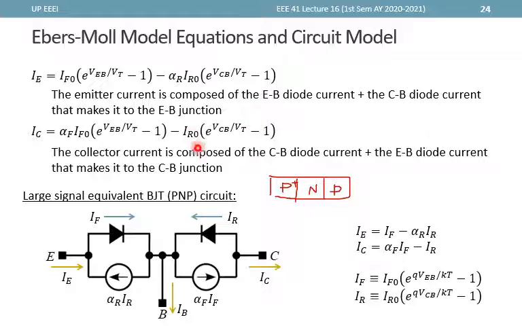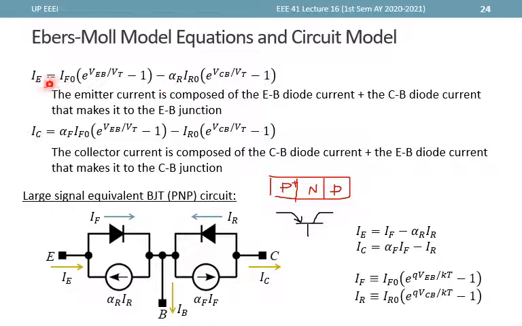Although note that IC is rightwards, but this IR is leftwards, so that's why it's called the reverse current. So again, the diode currents: IE is rightwards, IC is rightwards, IB is downwards.